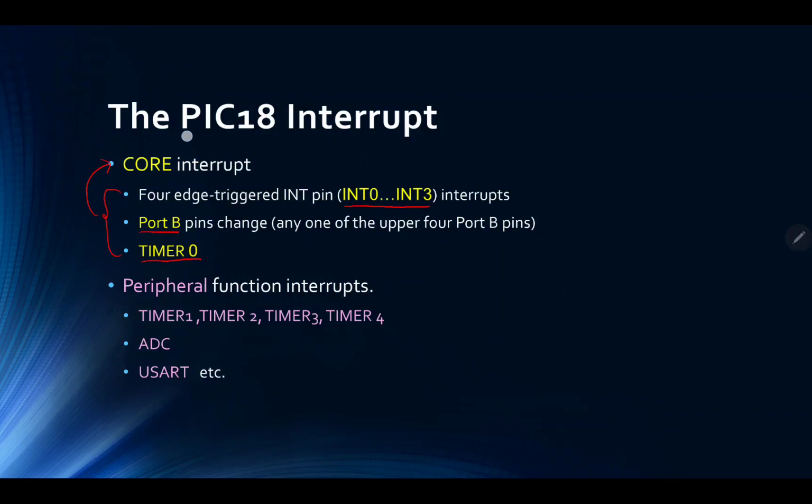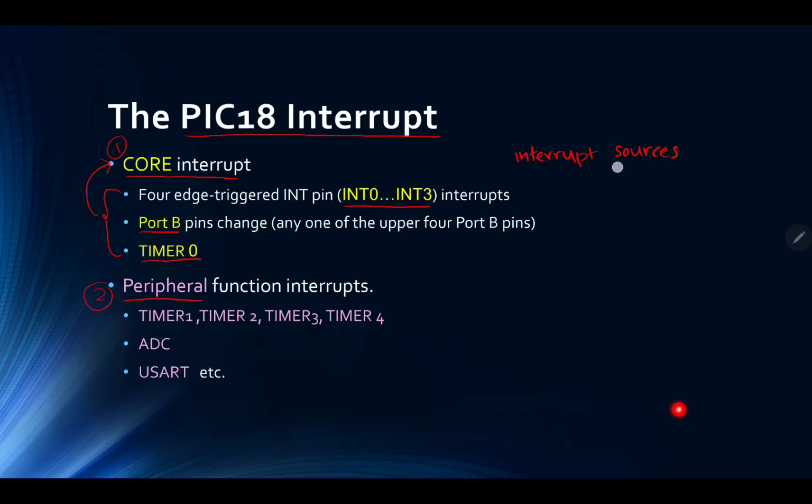For PIC18 interrupts, there are two broad categories of interrupt. The first is known as core interrupt, and the second is known as peripheral interrupt. This is important because under these two categories there are what we call interrupt sources.